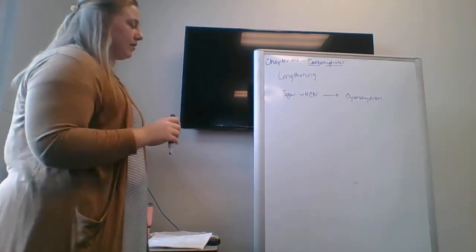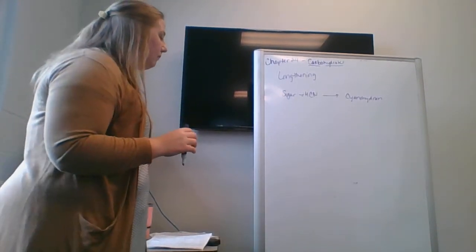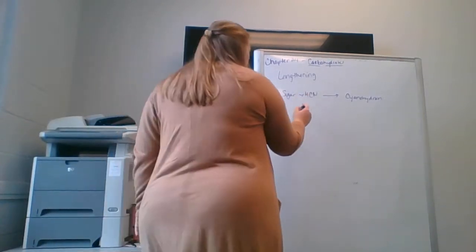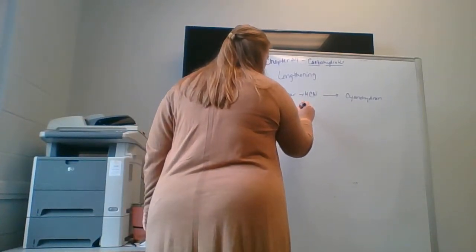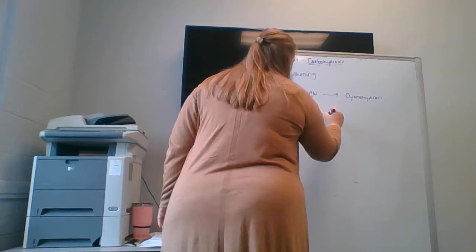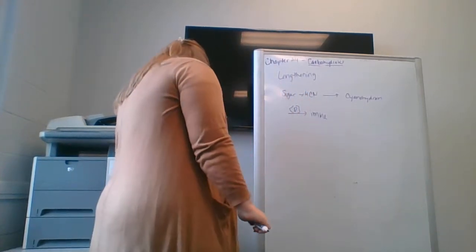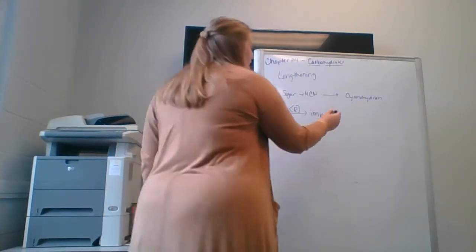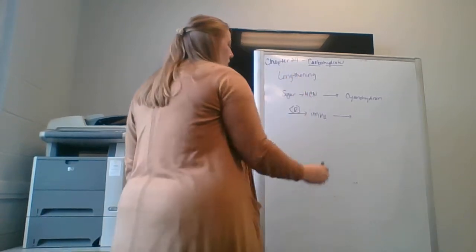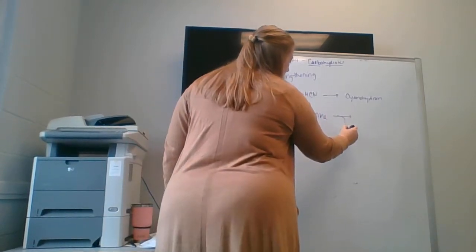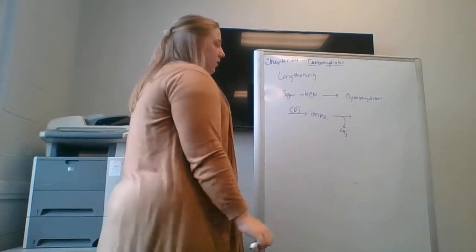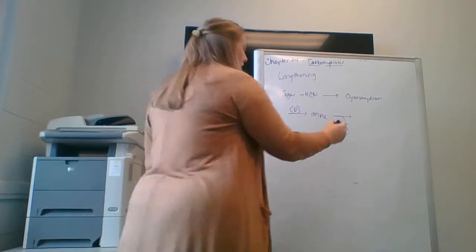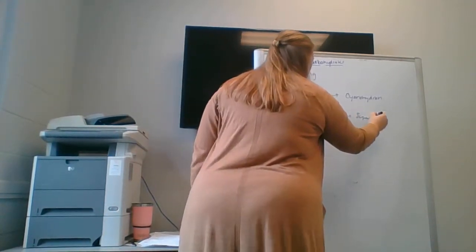Again, I don't think structures are important here. We're going to reduce that cyanohydrin into an amine. We're going to remove the nitrogen as ammonia, and we're going to be left with a sugar that's 1 carbon longer.